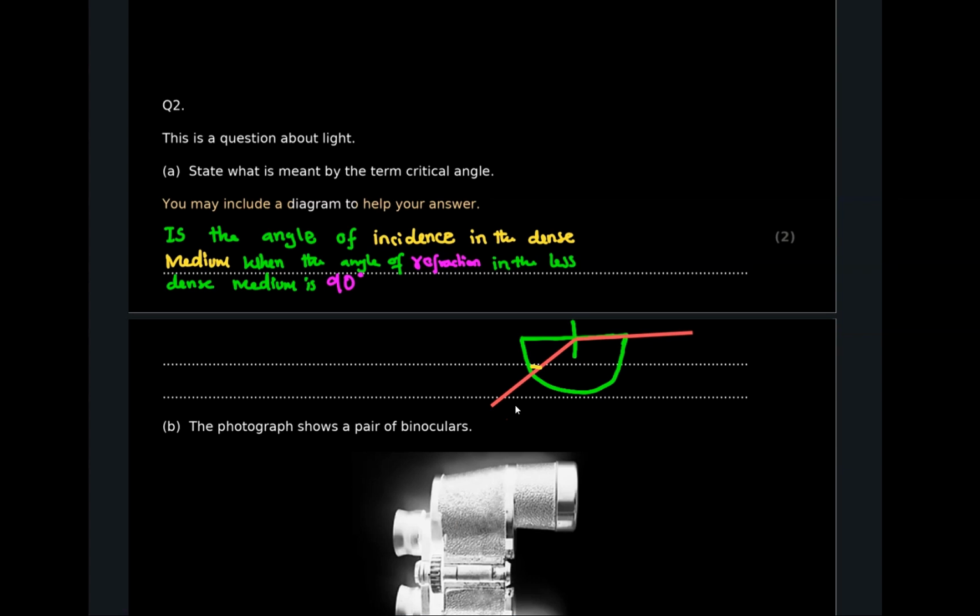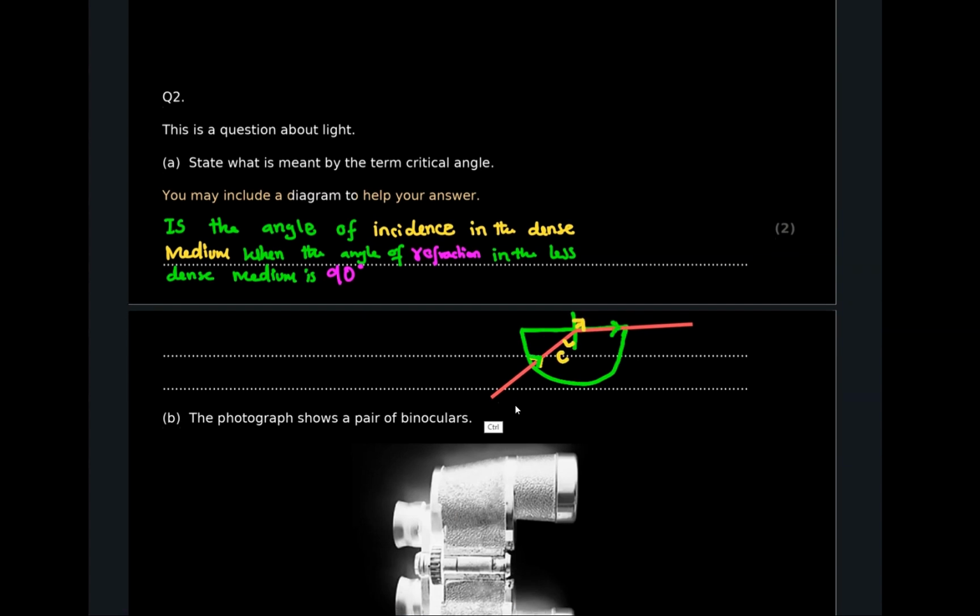If a ray is directed like that, you see it's moving from glass. At the point where this ray meets the circular glass, the curved part of the glass, the ray does not undergo any refraction because it meets the glass at 90 degrees.